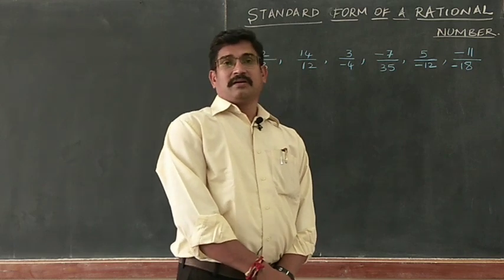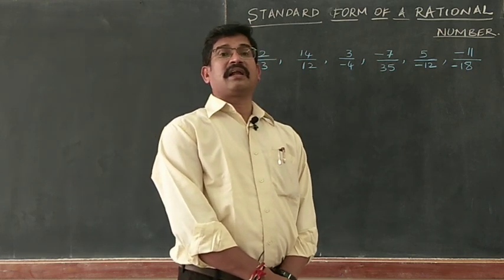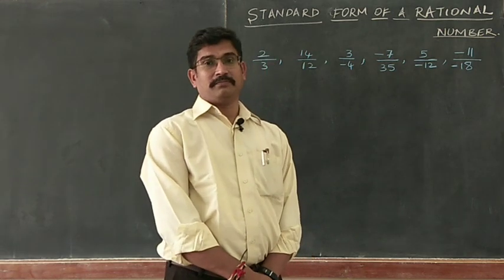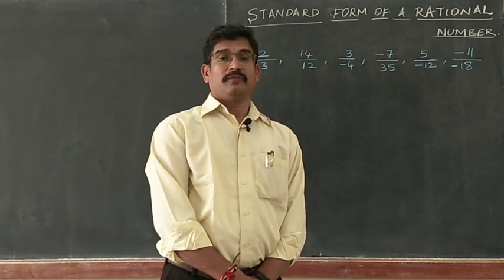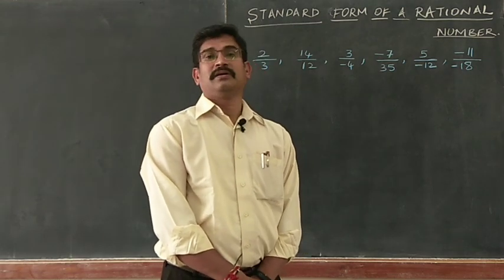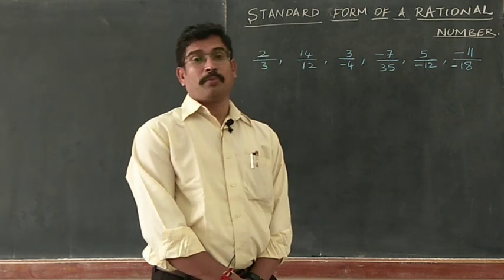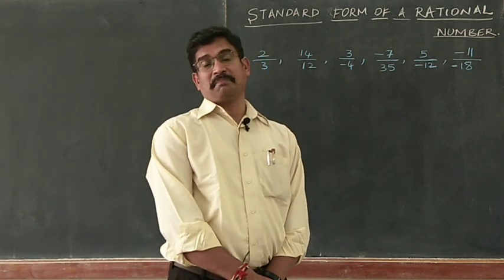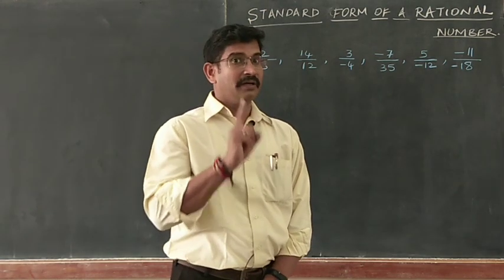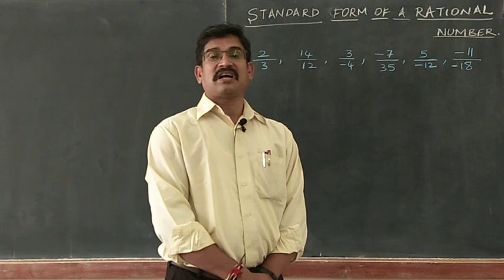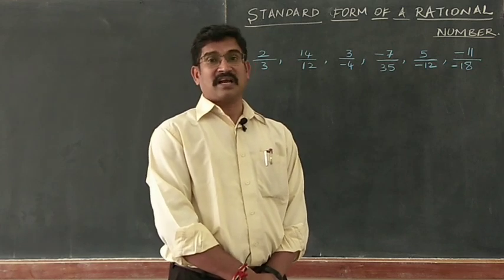This is very important: any rational number must be in standard form before we do addition or subtraction operations for rational numbers. If you want to add or subtract, especially for addition and subtraction of rational numbers, those rational numbers must be in standard form.